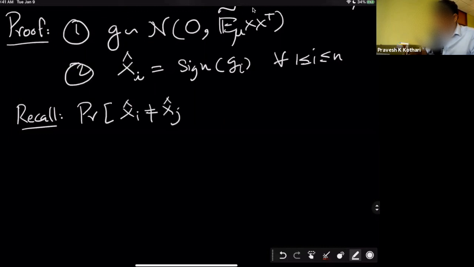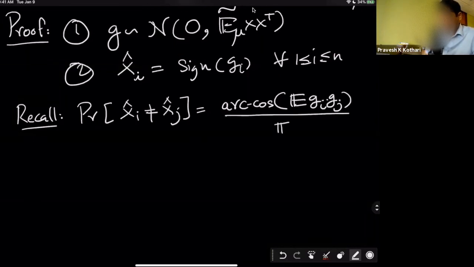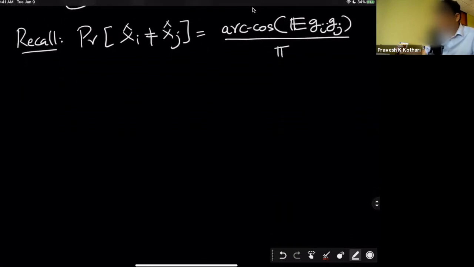The probability that this sign rounded x hat, if I look at the values for any pair of coordinates i and j, the chance that they are different equals arc cosine of the expectation of the Gaussians we began with, over pi. Last time I introduced this extra rho, etc. Today, I'm not going to do anything with that rho, so I'm not going to introduce extra notation. If you don't recall the proof, let me quickly remind you, because it's really simple.